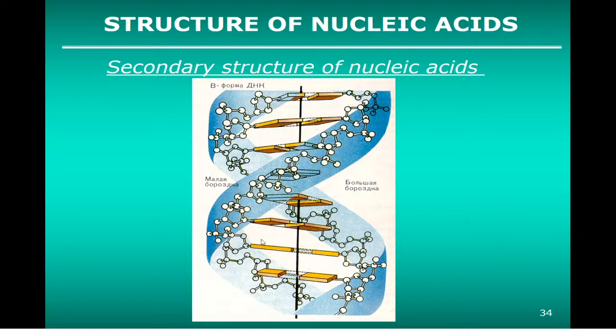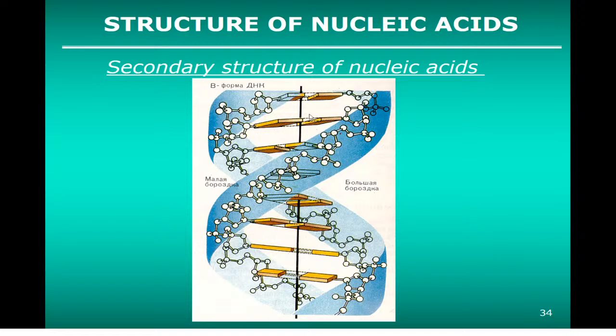Our nitrogenous bases, all of them aromatic, that's why they look planar, they are planar structures. And it's the same plane, they are bonded by hydrogen bond to the second chain, like a mirror image of the polynucleotide chain.